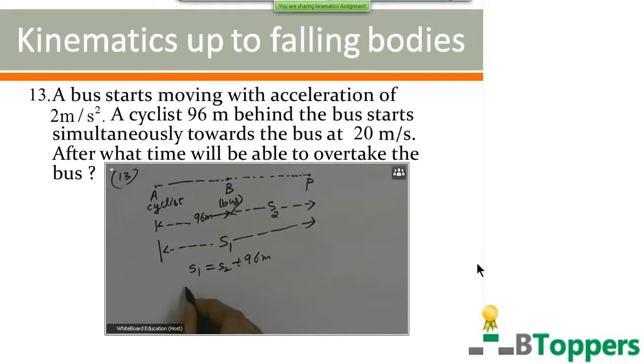Therefore, the distance moved by the cyclist can be written as V into T. Here V is 20 meter per second. The bus starts moving with constant acceleration A equal to 2 meter per second square. So you can use the formula S equal to half A T square for distance S2, where A is equal to 2 meter per second square.